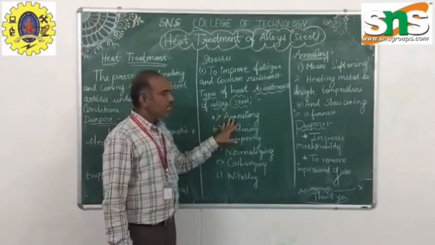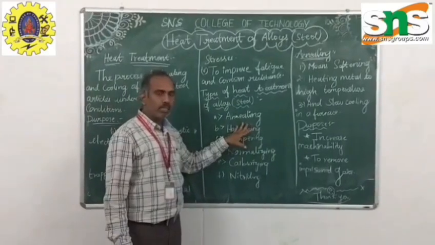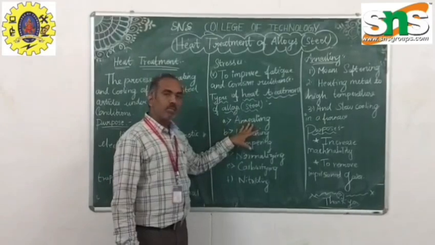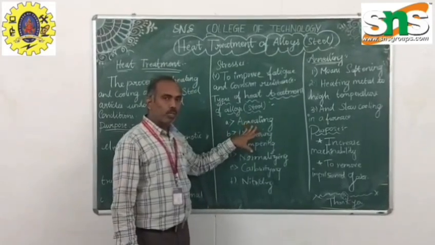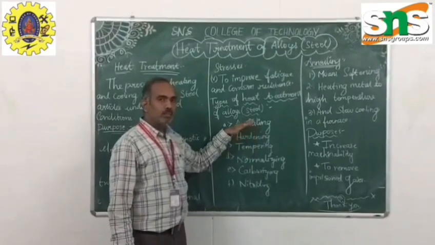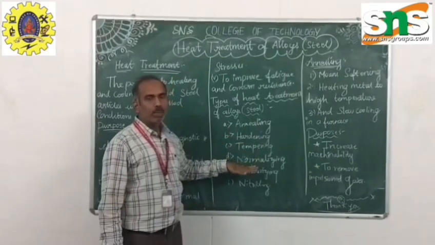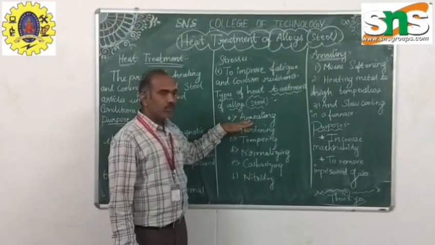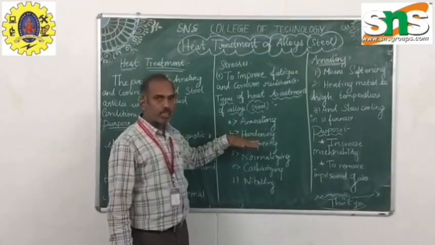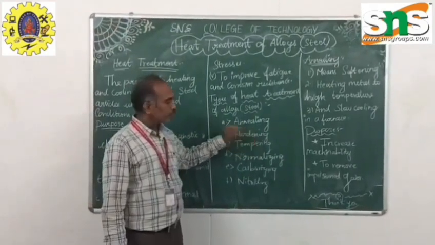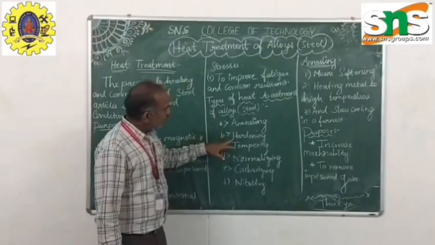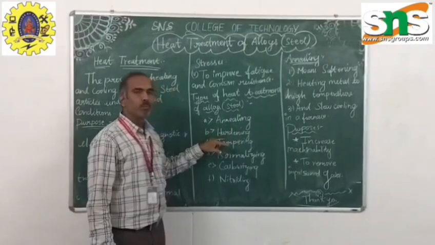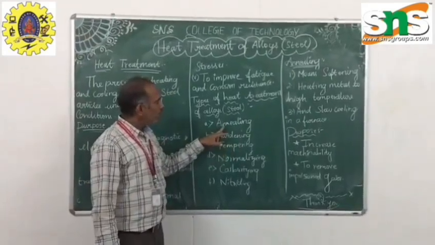Annealing is nothing but heating properly. We use a furnace under controlled conditions and slowly cool to room temperature using the furnace. Then hardening. Hardening is the further improvement of the annealing process.